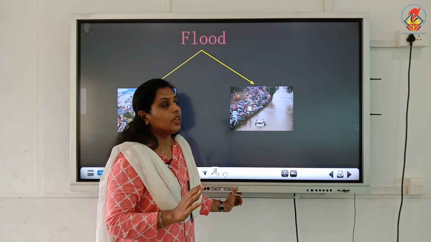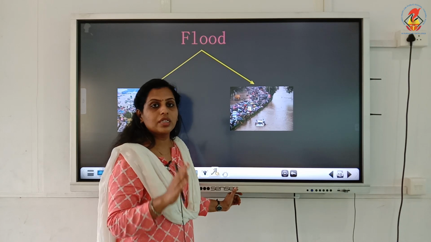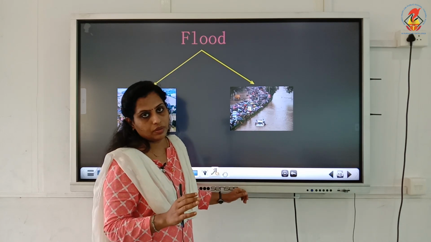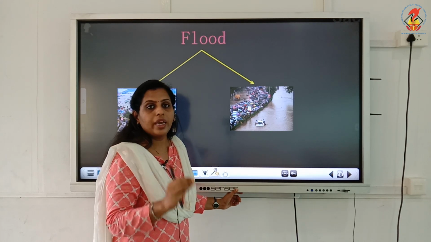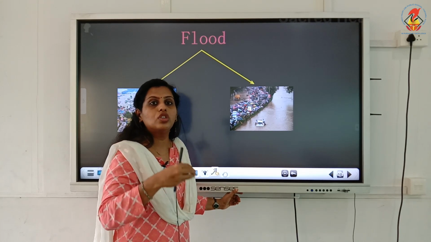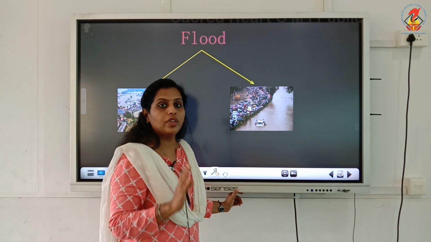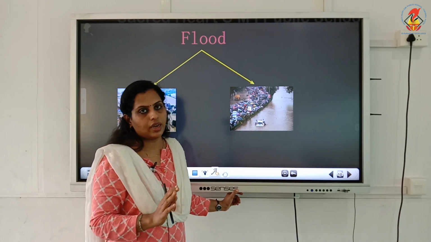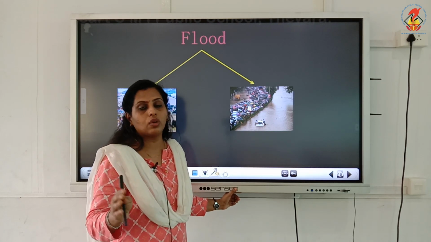The roads, all the lanes, all the places get filled with water. This is because there is no place for the rainwater to flow out. It is all a problem of the drainage system there.